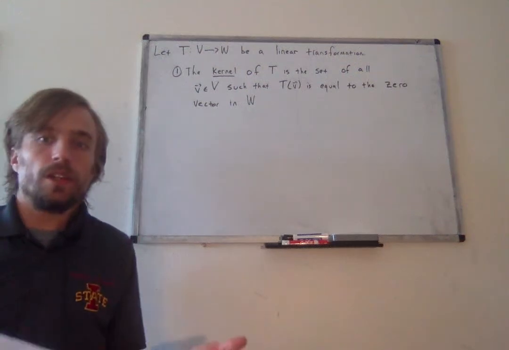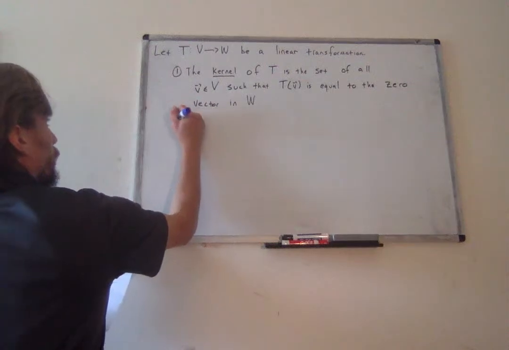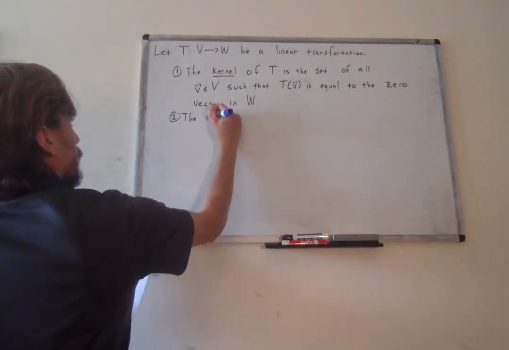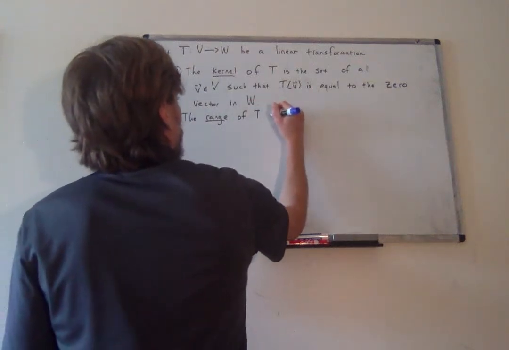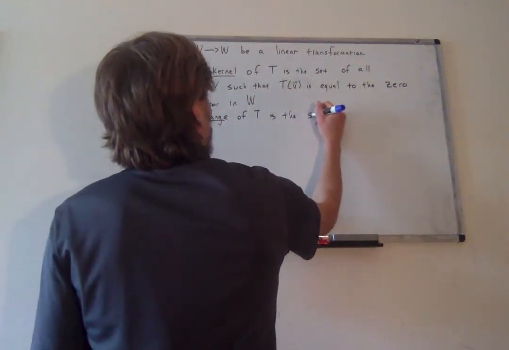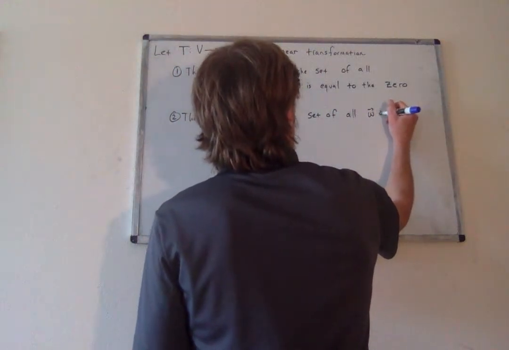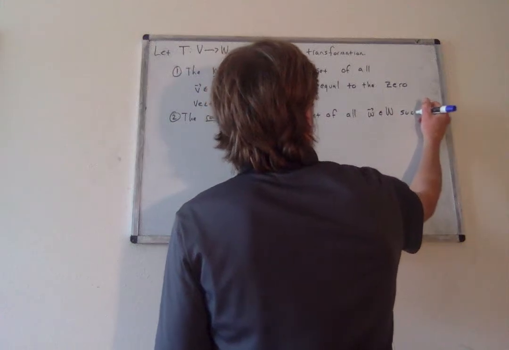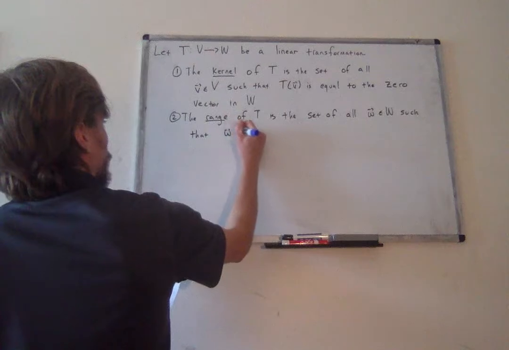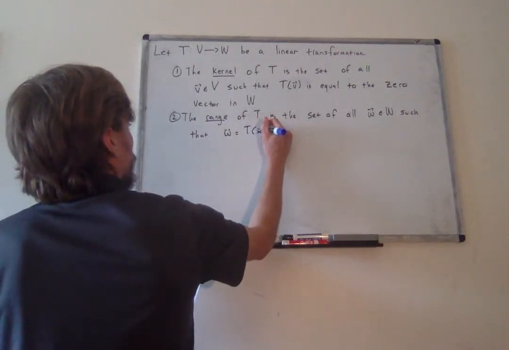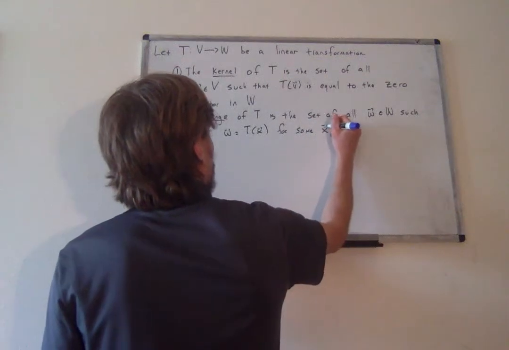It's just the 0 vector in W. All right. 2, the range of T is the set of all vectors W in W such that W is equal to T of X for some X in V.